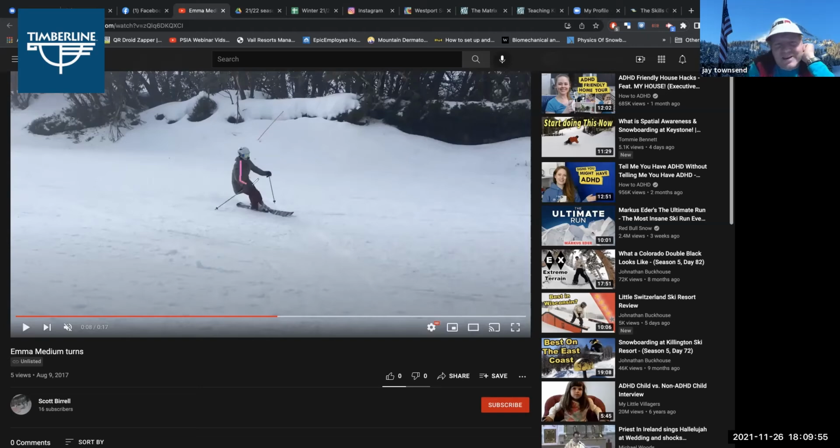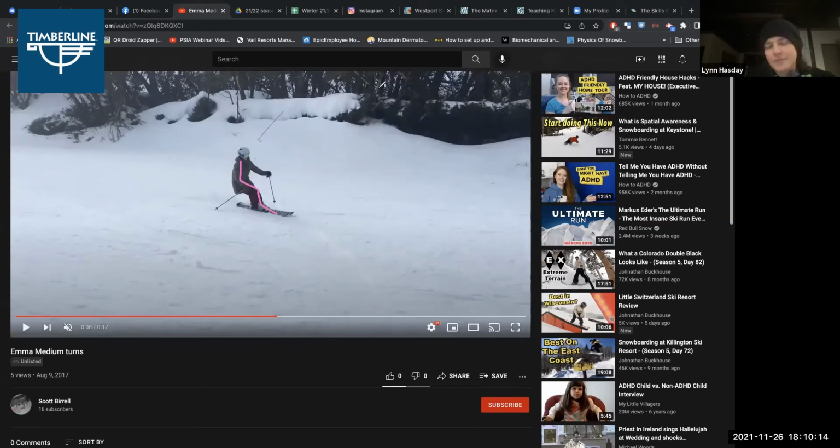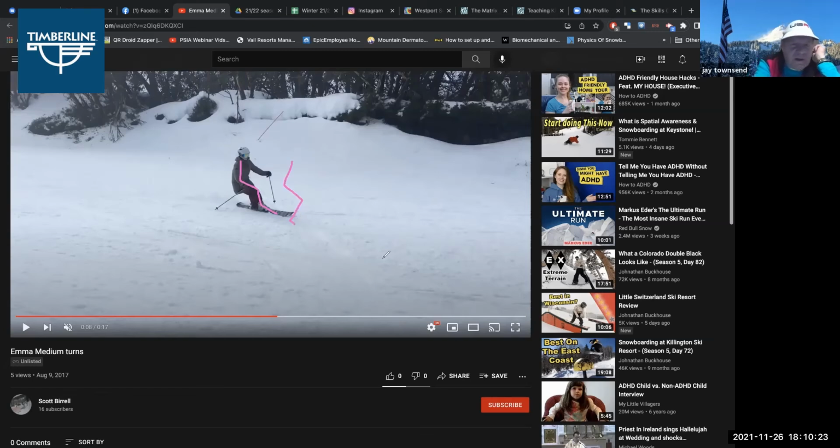Hips, knee, and then ankle. Okay, so that's a little more accurate. And so then ideally, that's a good thing to look for. Let me write that down too.